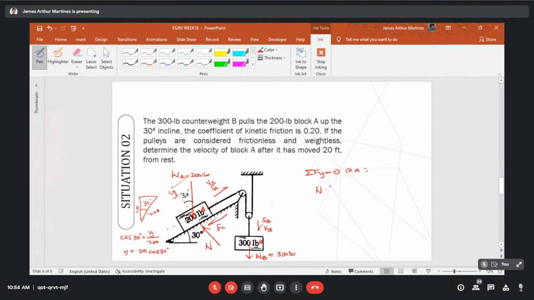With the negative sign convention, N minus 200 cosine 30 is equal to 0. Therefore, the normal force is equal to 173.205 pounds.